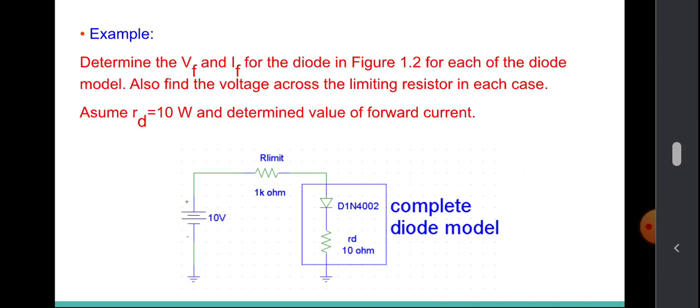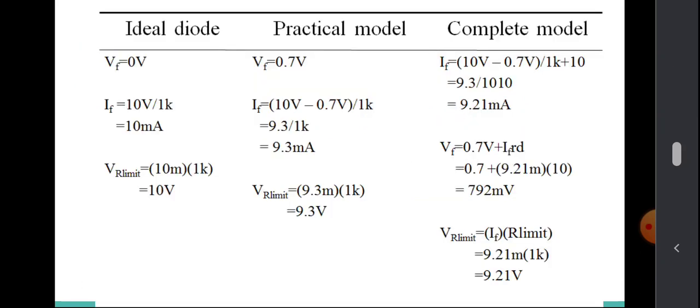Okay, so the figure is given. These are the solutions. If an ideal diode is used, the voltage is 0 volts, the current is 10 milliamp, and the voltage of the limiting resistance is 10 volts.